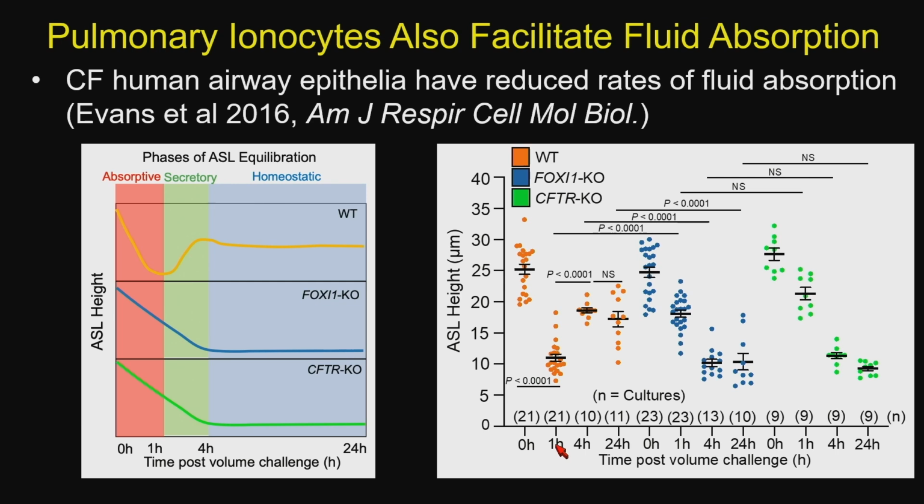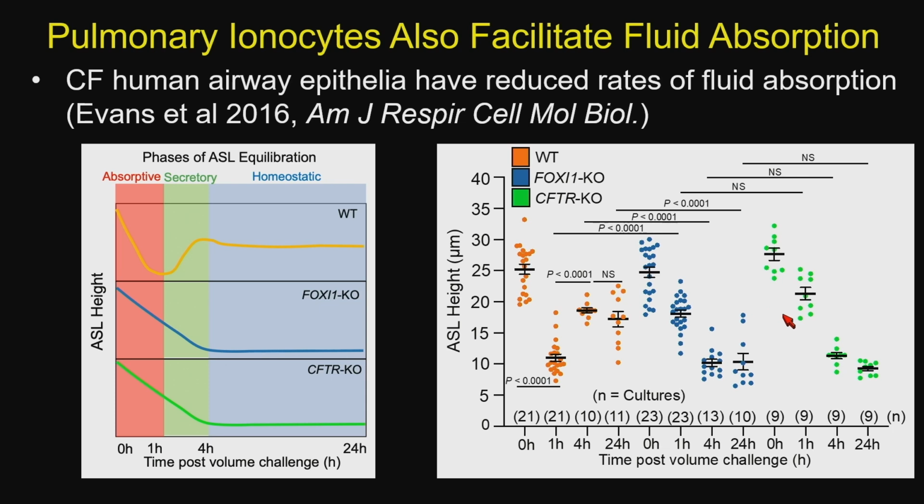This is 1 hour following 20 microliters on a 1 centimeter squared transwell. And they actually become dehydrated. They absorb so fast. We're looking at ASL height here on the y-axis. Then they rehydrate, and then they overhydrate a little. If you carry this out at a very defined time course, it's almost sinusoidal until it gets to an equilibrated ASL height.